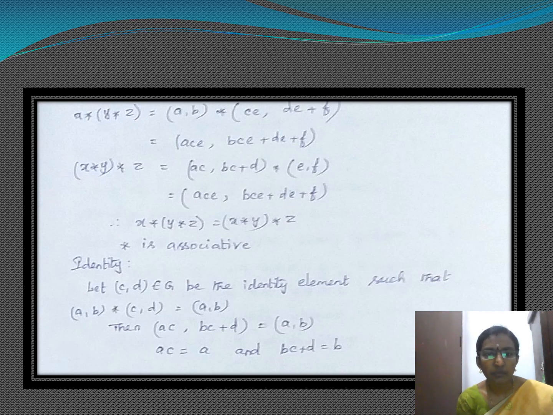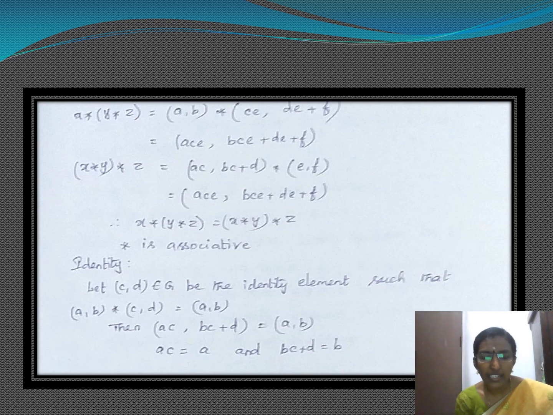Then the right hand side, x star (y star z) equal to (a, b) star (ce, de + f), which is equal to (ace, bce + de + f). Therefore, this star is associative.